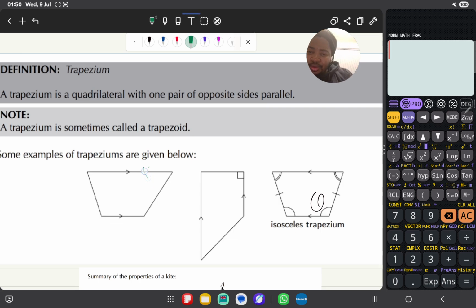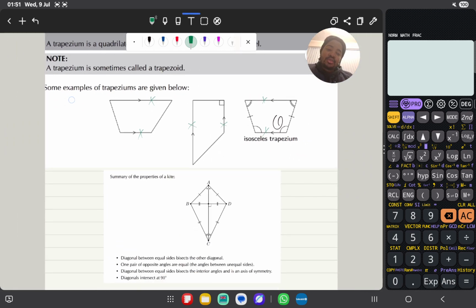As you can see here, we have one pair marked, so only one pair is going to be parallel, right? As soon as you see a quadrilateral with only one pair of opposite sides being parallel, you know what I'm saying?